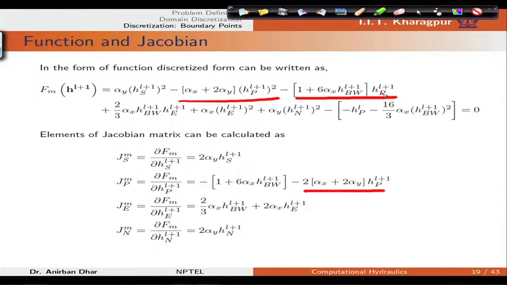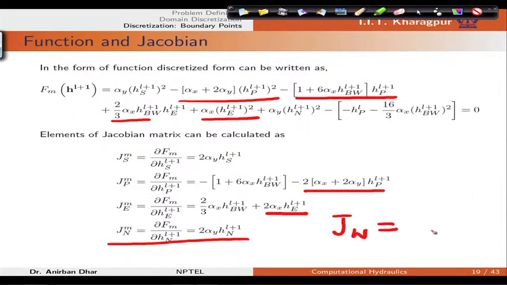This is 1 plus alpha x into H_B_W, and J_E again it is coming as 2/3 alpha x H_B_W, and H_E again there is another term with a square, and there will be a northern term or northern boundary. So, in this case obviously we have J_W_M equal to 0, so we do not have this term in our Jacobian matrix.